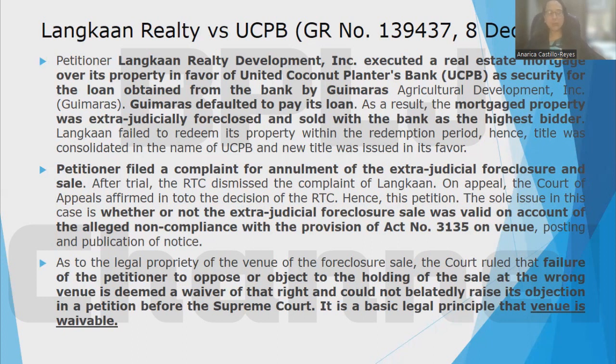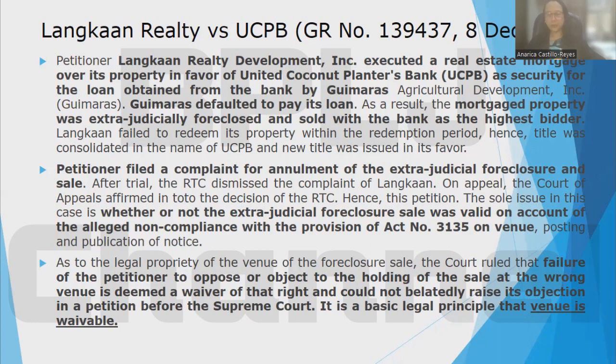Now, the petitioner filed a complaint for annulment of the extrajudicial foreclosure and sale. Now, the sole issue is whether or not the extrajudicial foreclosure sale was valid on account of the non-compliance with the provisions of Act 3135 on venue.